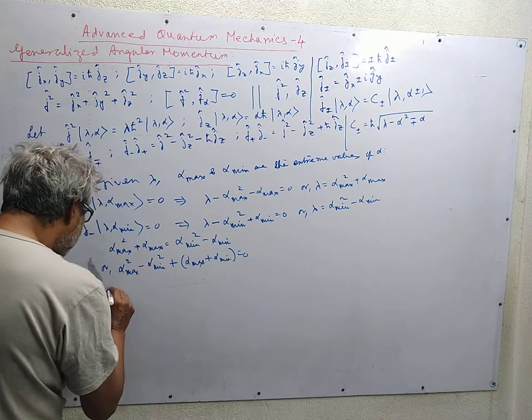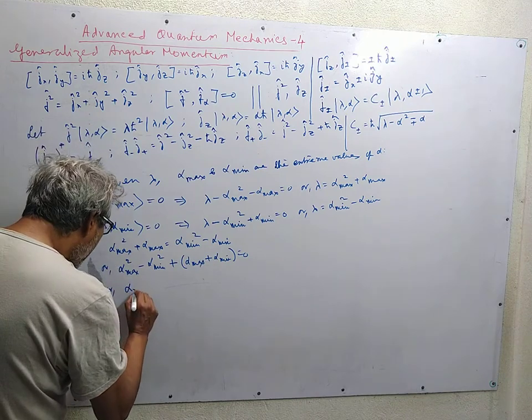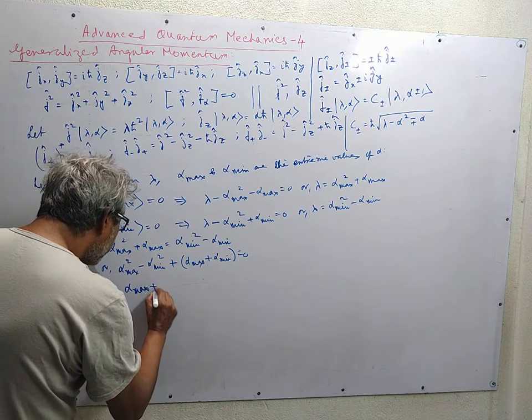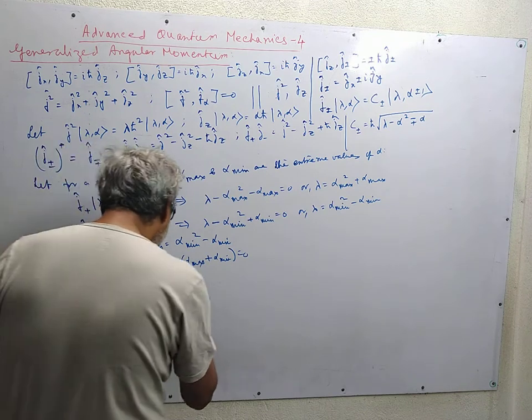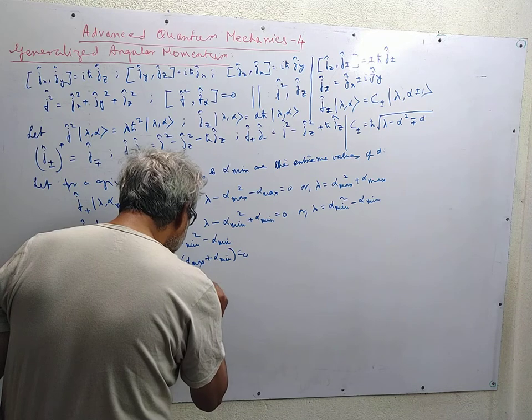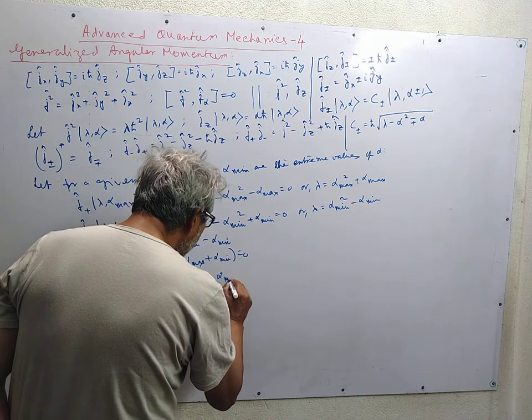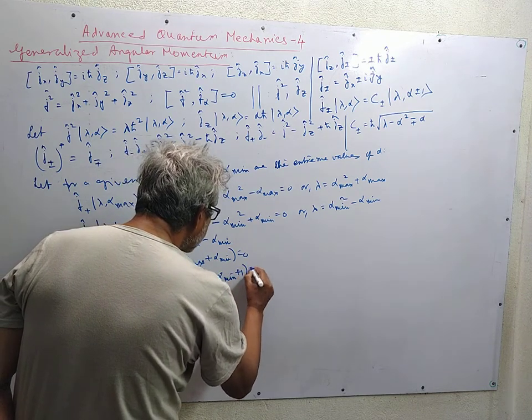If we factorize this, we get alpha max plus alpha min, and then alpha max minus alpha min plus 1 is equal to 0.